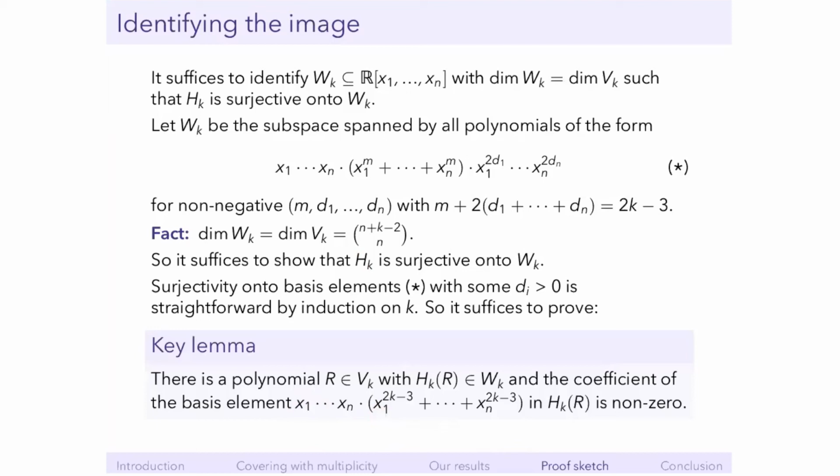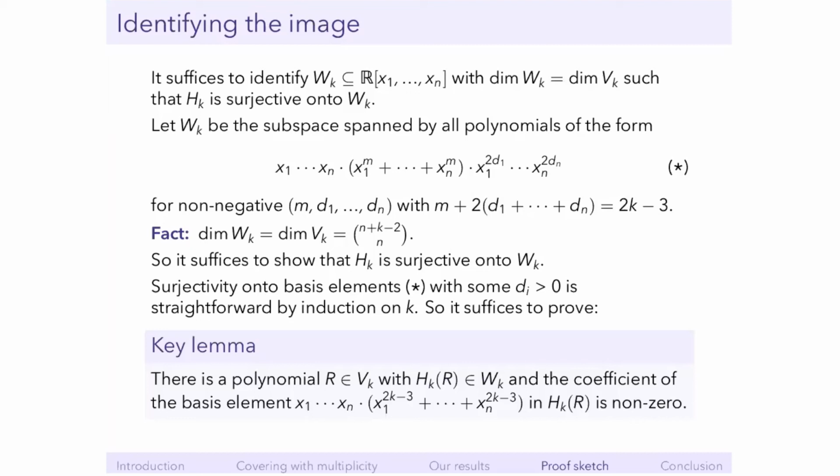So it suffices to prove this lemma that there's some polynomial r in the space V_k, such that h_k of r is in the space W_k, and the coefficient of this basis element in h_k of r is non-zero. Right? Once we get that the coefficient is non-zero, then because we already got surjectivity onto all the other basis elements, we can get surjectivity onto this basis element as well.